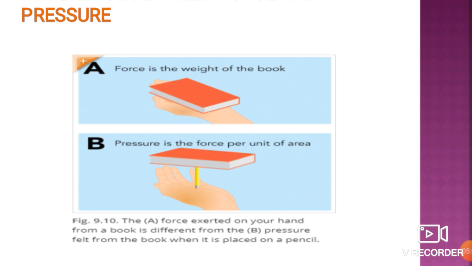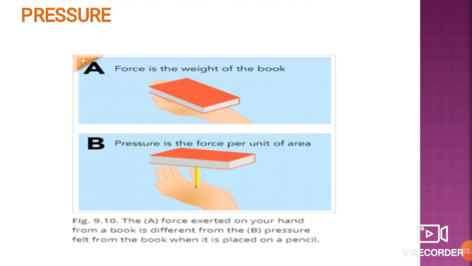In case B, pressure is the force per unit area. The pressure is felt from the book when it is placed on a pencil. When you place the book on your hand, force is exerted, but we cannot feel the pressure of that book.